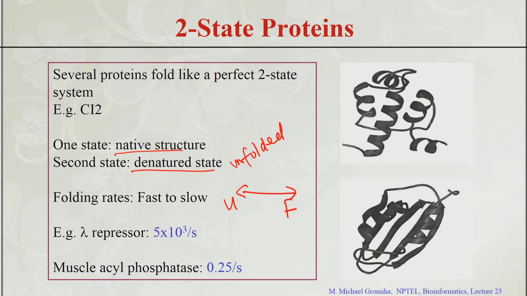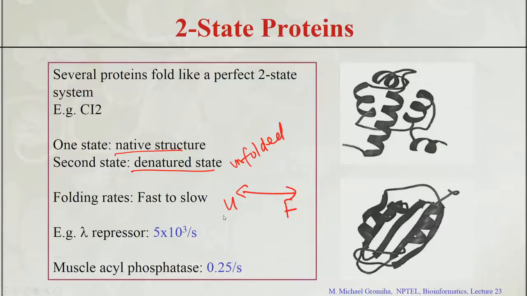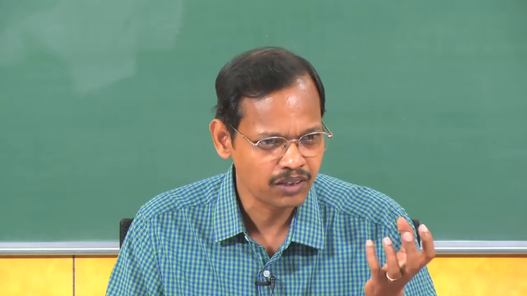Several proteins fold in a perfect two state manner, and for these small proteins we know the experimental data for the folding rates. So, they can have fast folders and slow folders even if all the proteins are two state proteins and are small, about 100 residues.